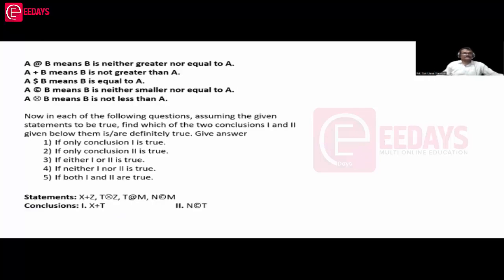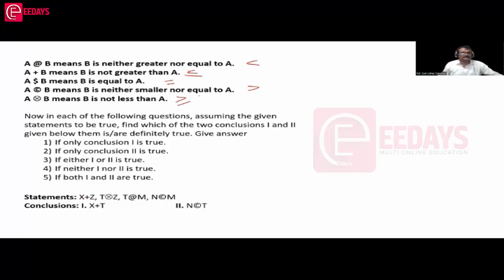Now go to the next one. Neither greater than nor equal, which is smaller than, not greater than, which is less than or equal to. Here neither smaller than nor equal, that is greater than, not less than, that is greater than or equal to. Come to the first case.